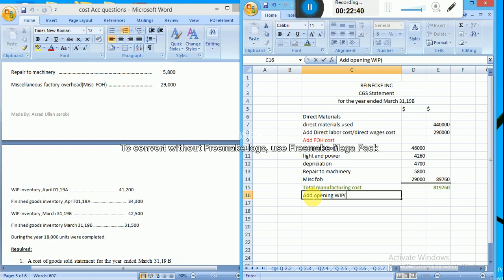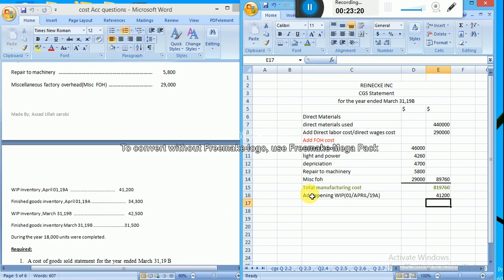That is the opening work in process on April 1st, sorry, 19A. This is 19A. Okay. How much? 41,200.